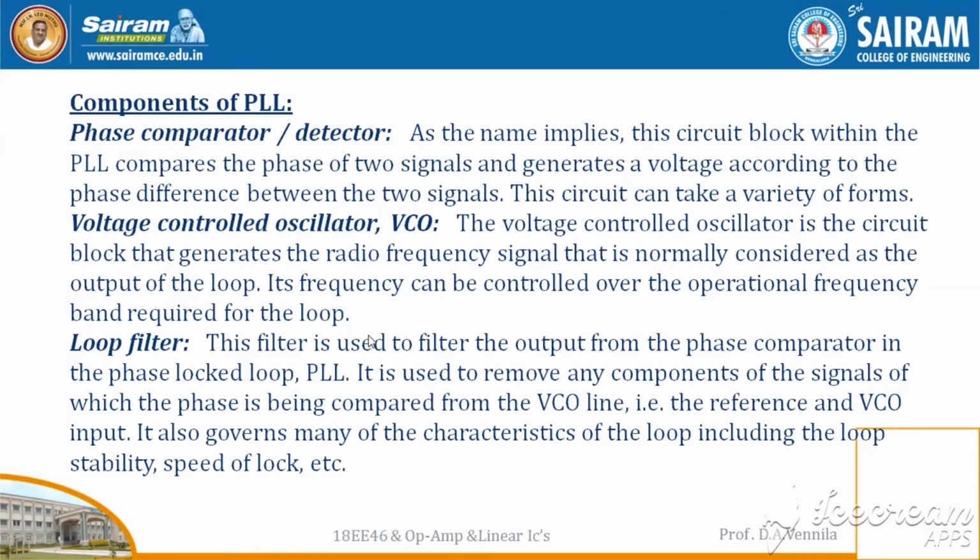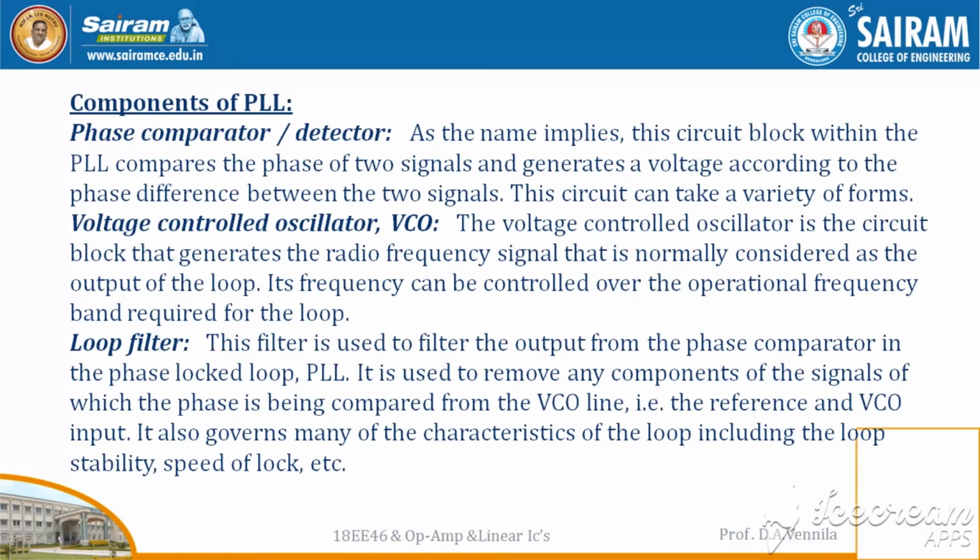So the comparator will compare the input frequency and the output frequency, and generate the DC output. This DC output will be given to the next loop filter, the low pass filter, and that low pass filter output is also DC, which is given to the voltage control oscillator.